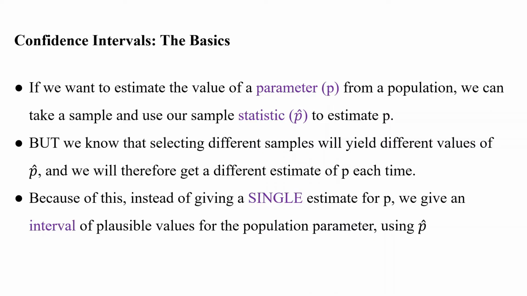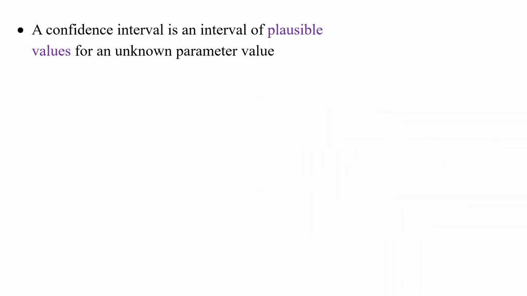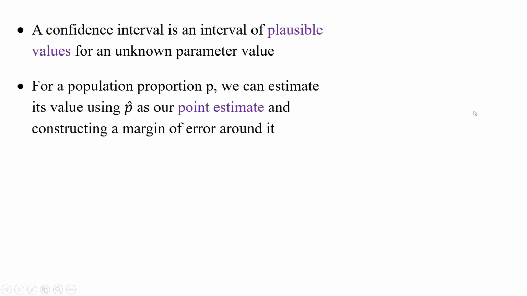It's going to give an interval of plausible values for our population parameter based on the information we get from our sample statistic. It's an interval of plausible values for an unknown parameter value, which again is what happens in real life, right? We don't know what our parameters are, so we're going to take a sample and figure that out.